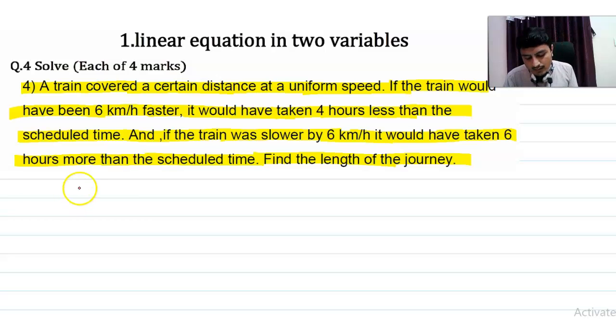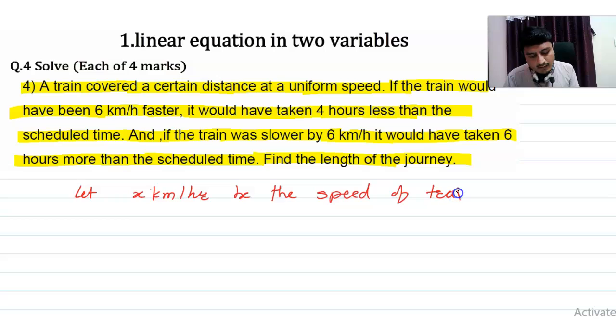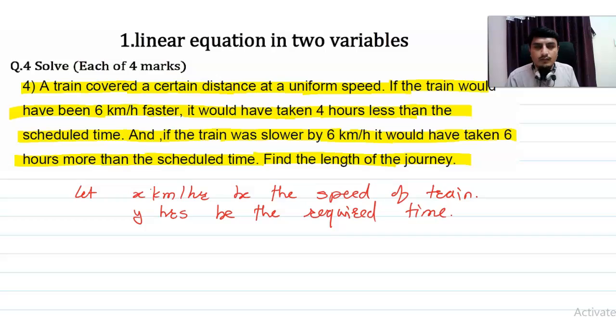Let x kilometer per hour be the speed of the train, and let y hours be the required time to cover the distance. So we have the formula: distance equals speed into time.